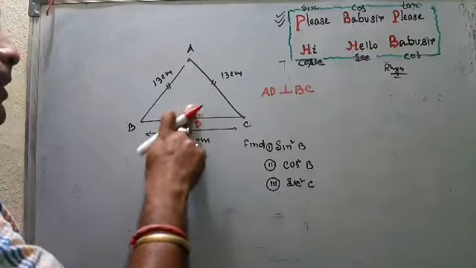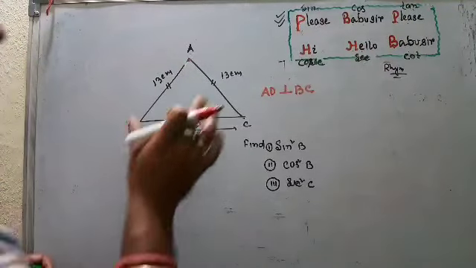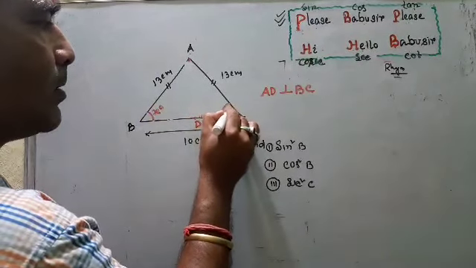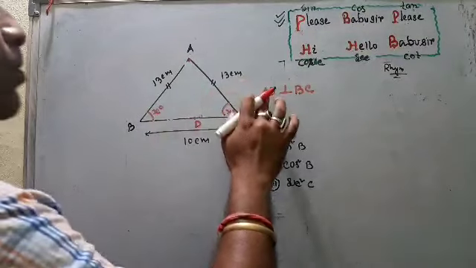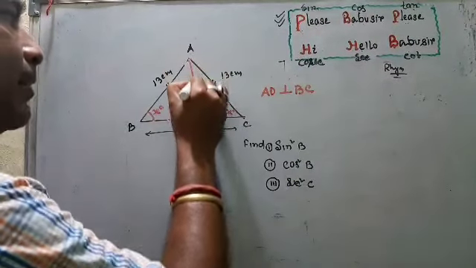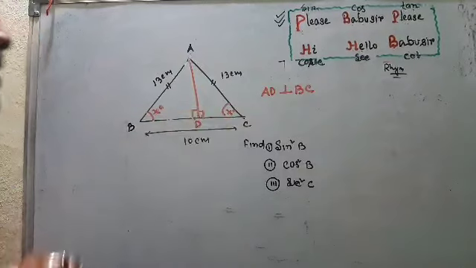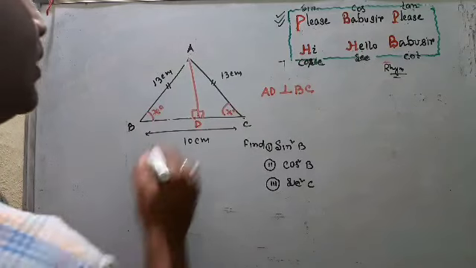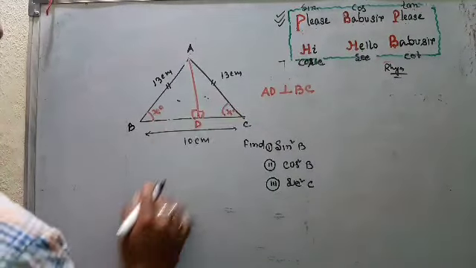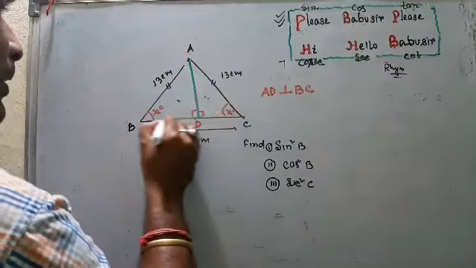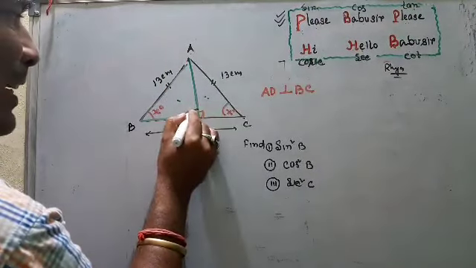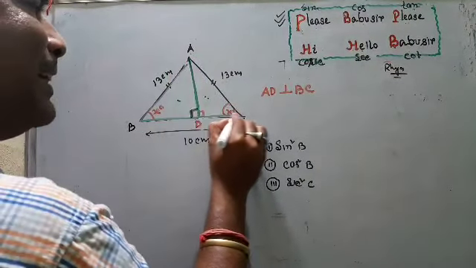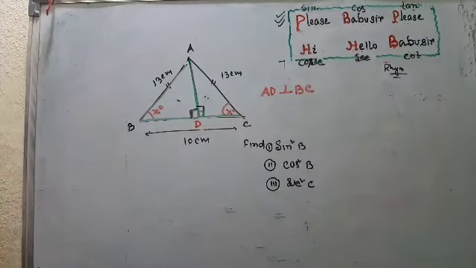Again I go. Earlier this is given as an isosceles triangle, so in an isosceles triangle, base angles are equal. If angle B is x degree, then angle C also x degree. When you draw AD perpendicular BC, this is 90 degree, this is 90 degree. Now, if I prove these two triangles congruent: in triangle ADB, angle D is 90, similarly in triangle ADC, this angle also 90.